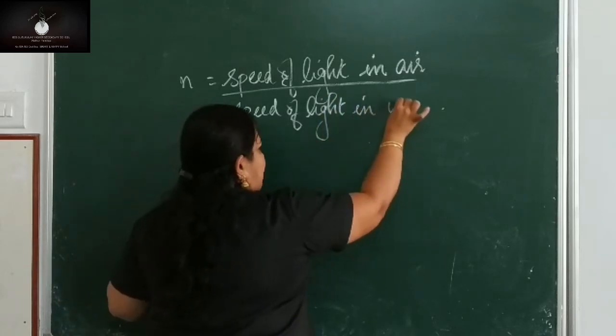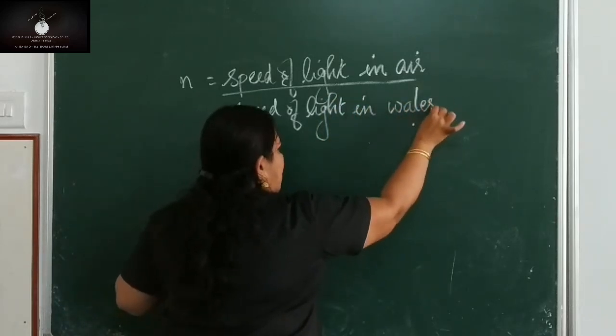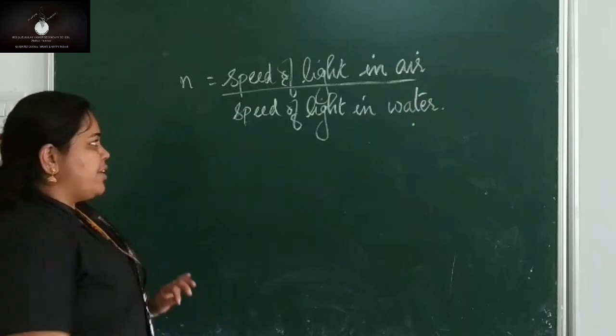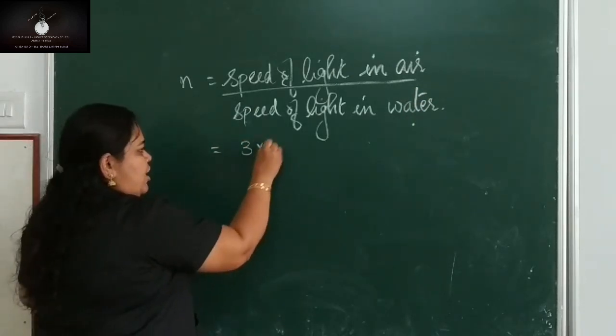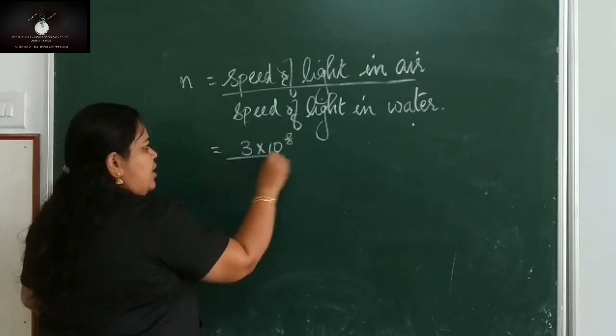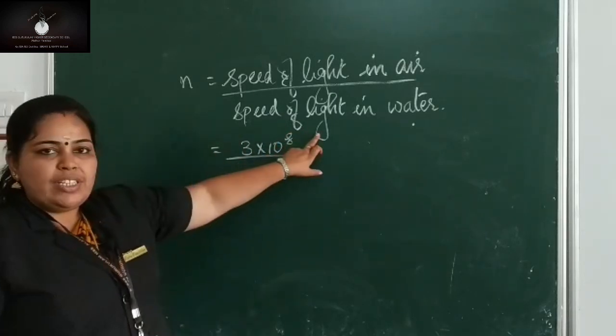In water. This is how you have to find out the absolute refractive index. So what is the speed of light in air? It is 3 into 10 raised to 8, divided by, what is the speed of light in water?